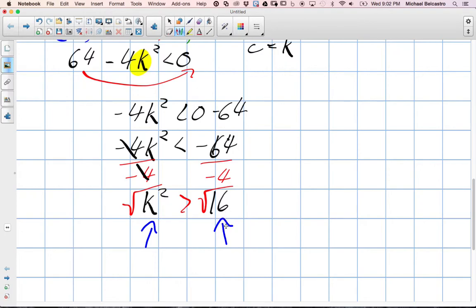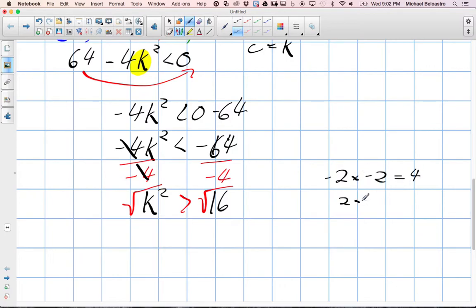This gets really tricky. We're going to end up with two sets of answers. When you square root something, you get a positive and a negative answer, because when those two values multiply together, they'll give you a positive. For instance, negative 2 times negative 2 gives you positive 4.